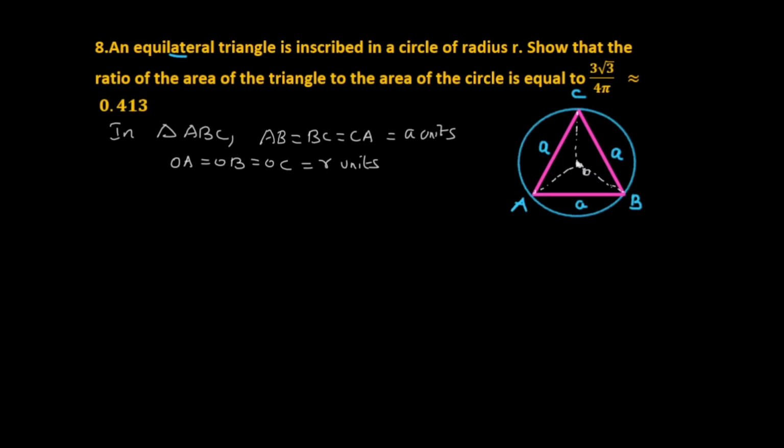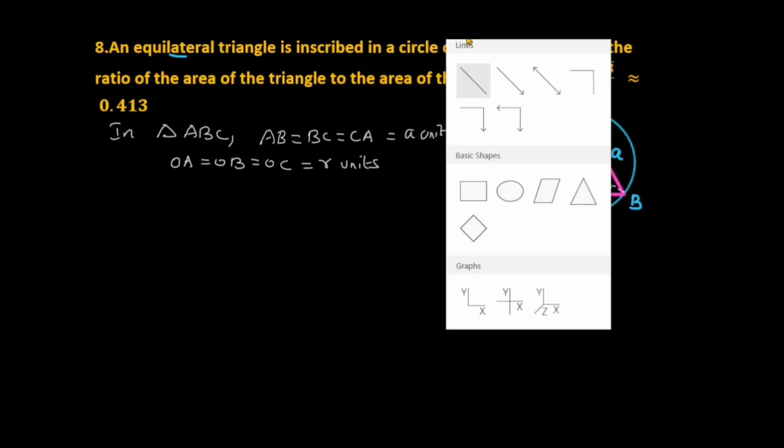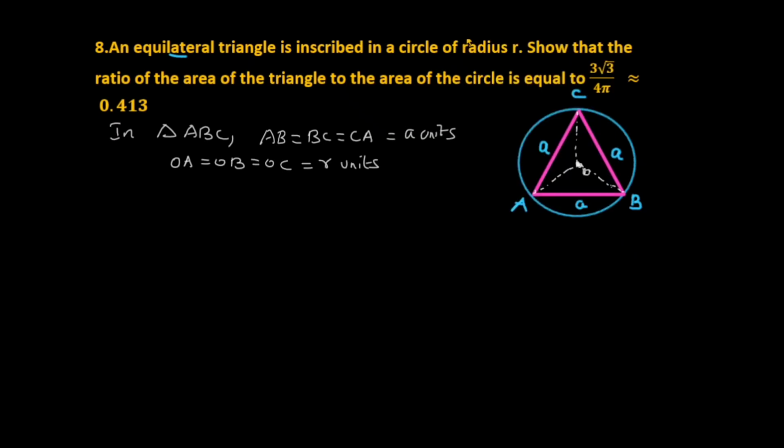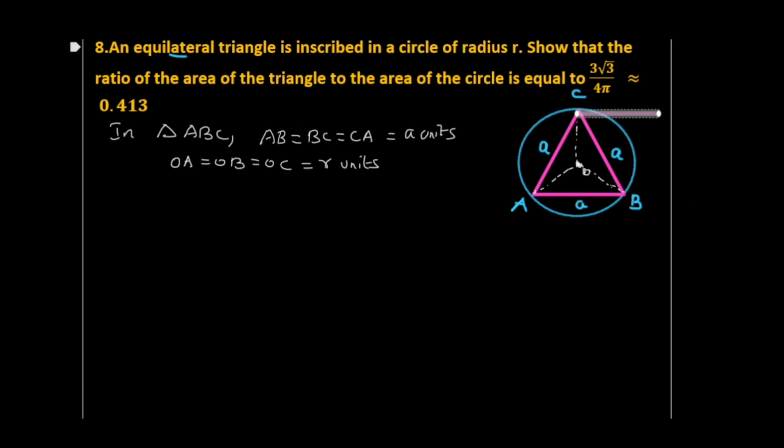Then we have to find the area of the triangle. If we want to find the area of the triangle, we need the height. So if I draw a perpendicular line from the vertex C to AB, that is the height of the triangle.